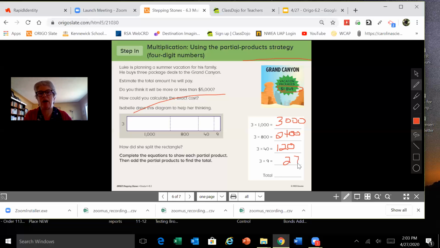So then I have to add all of these up. Well, I think I will start off with the numbers that are in the thousands. 3,000 and 2,400 equals 5,400. I want to write this down so I keep track of it. Sometimes my brain loses the numbers. And then I have 120 plus 27, and that equals 147.